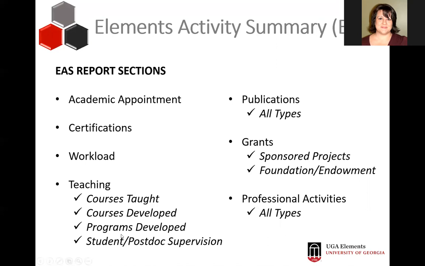Most of the teaching stuff comes in automatically. Publications are the ones that you manually entered or something that you claimed in the sync. Grants and sponsored projects, again, as we said, most of that comes from UGA. And then professional activity types, and those are the ones that you entered. Those are all manual entries.